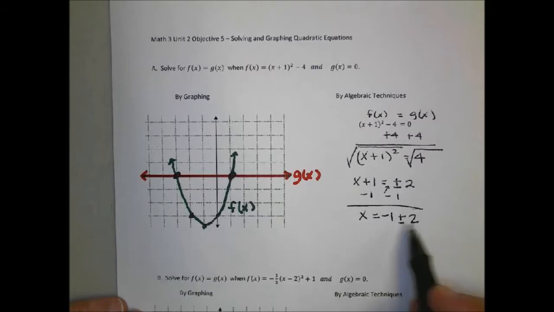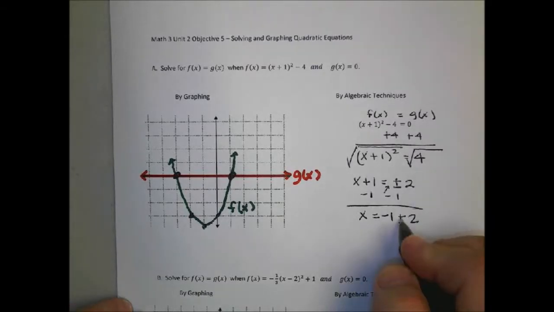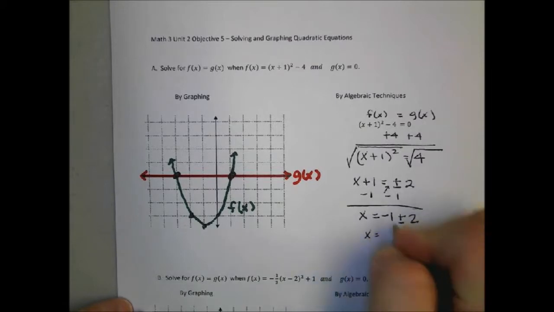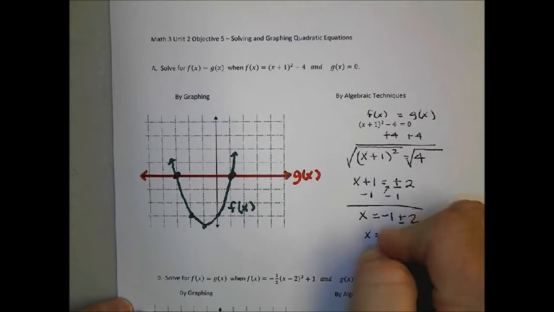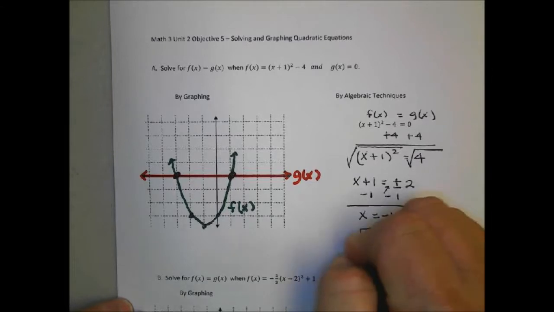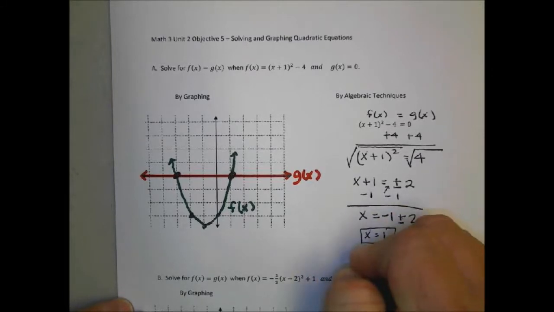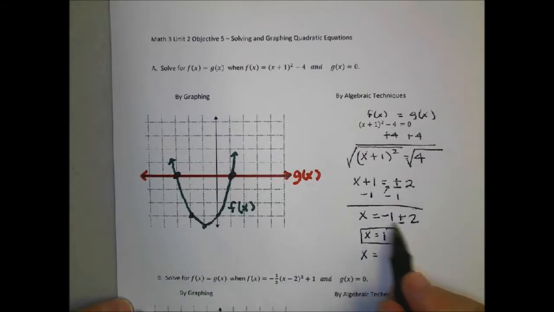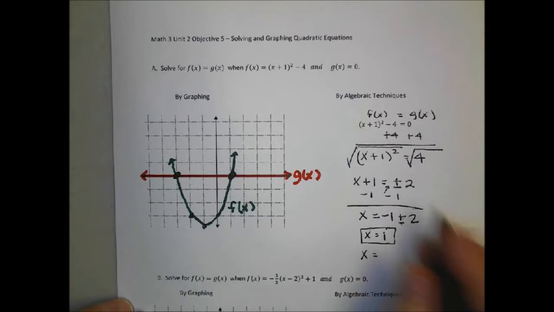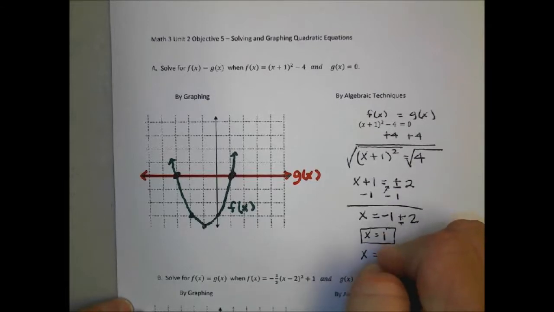Now, what that's going to do is allow me to take the high road and the low road. If I take the high road with the plus sign, -1 plus 2 is +1. But if I take the low road with the negative, -1 minus 2 is -3.